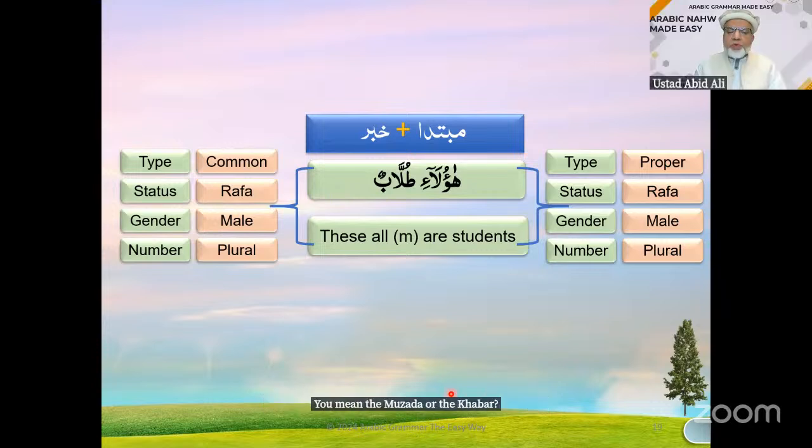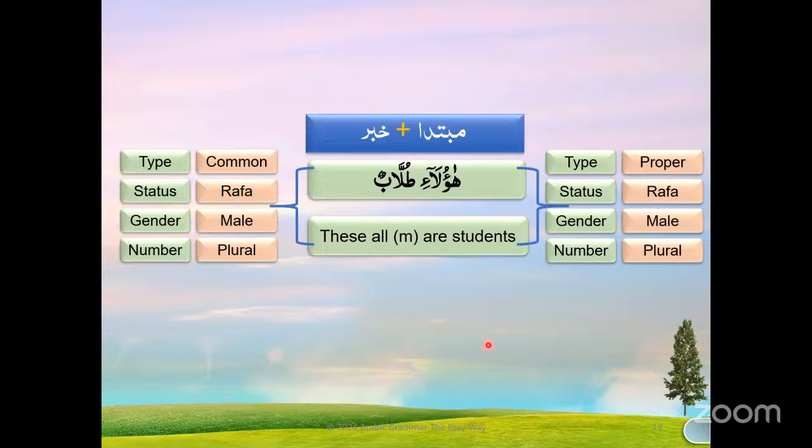Khabar is mostly common, and the mubtada is generally proper. There are always exceptions where a mubtada can be common, but that is not what we are learning right now. We will learn it once we pass the beginning stage. Generally, most of the time, the mubtada is going to be proper.